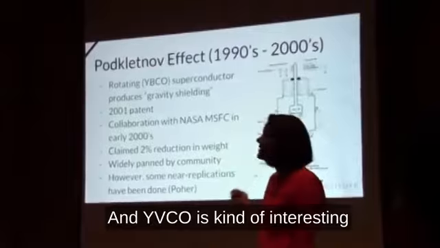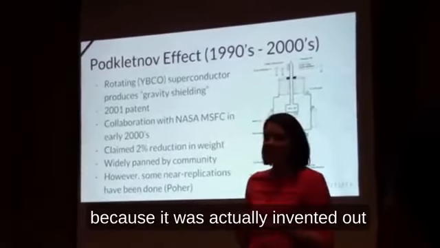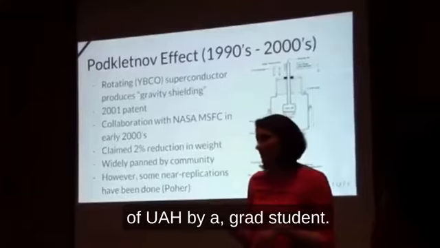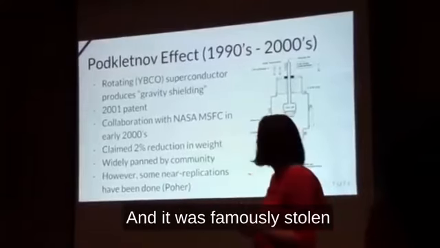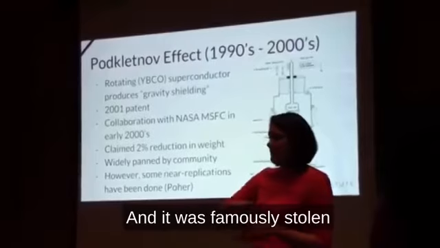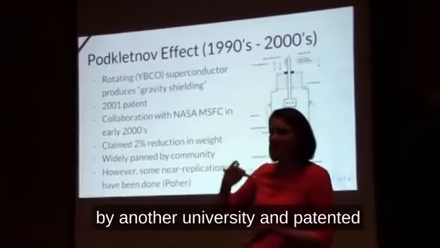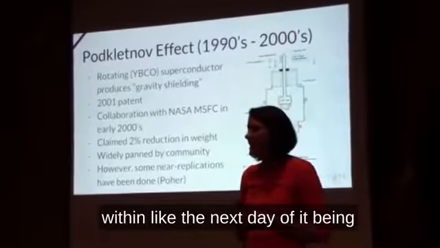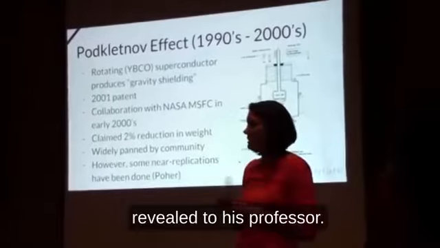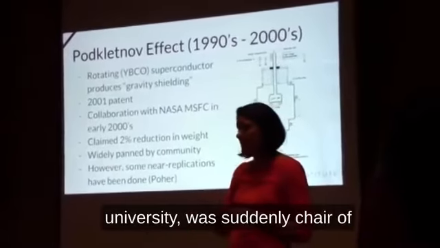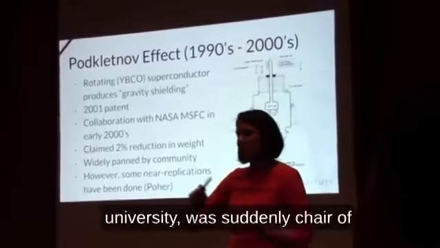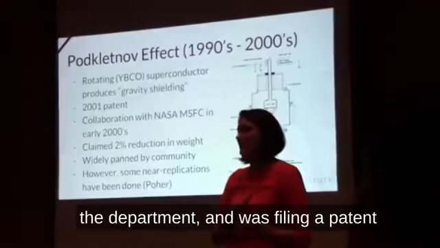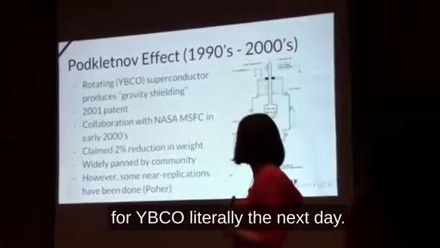And YBCO is kind of interesting because it was actually invented out of UAH by a grad student, and it was famously stolen by another university and patented within like the next day of it being revealed to his professor. The next day he went to another university, was suddenly chair of the department, and was filing a patent for YBCO literally the next day.